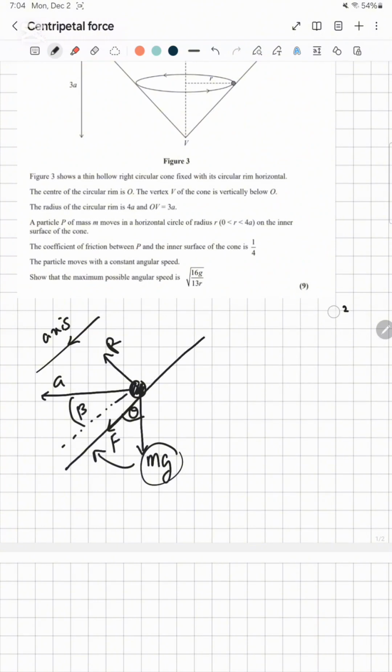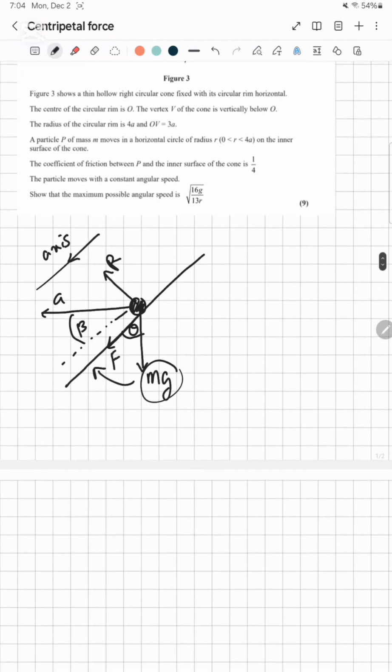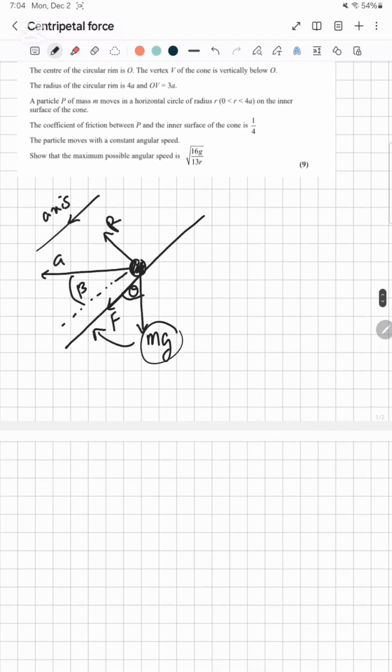I hope you understood. If you have any doubts, just drop them in the comment section. Our first step is to find the reaction force, because we need the reaction force first to find the friction. Let's take this axis as x and this axis as y.